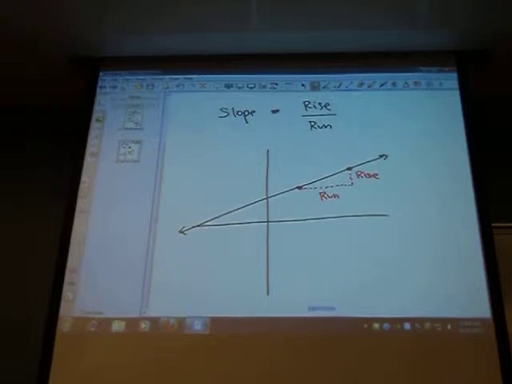Now if you have 2 actual points on the line, let's label them x1 and y1, using subscripts. Let's call the next point x2 and y2.